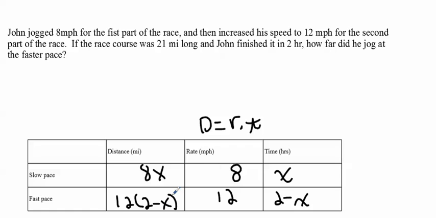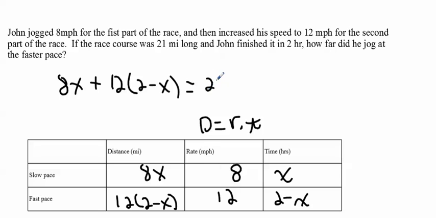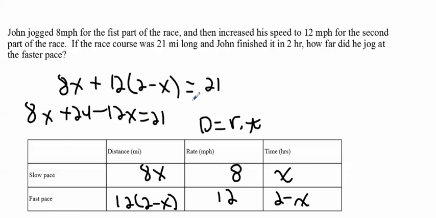How are we going to set this up? Well, that's really simple. The distance of the slow pace, which is 8x, plus the distance of his fast pace, which is 12 times 2 minus x, is going to be equal to the entire 21 miles. So then we just do a little distributive property, so you get 8x plus 24 minus 12x, and that equals 21. I'll leave the rest for you to figure out.